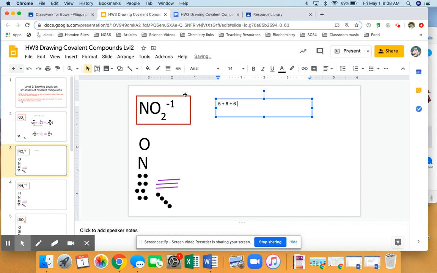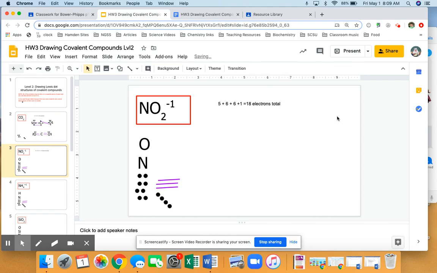Now the -1 charge means that there's an extra electron, meaning remember that electrons have a negative charge. So if it has a -1 charge, that means it has 1 extra electron. So in our total electron count, we're going to add 1 more. So that means we have 11 plus 6 is 17 plus 1 is 18 electrons total.